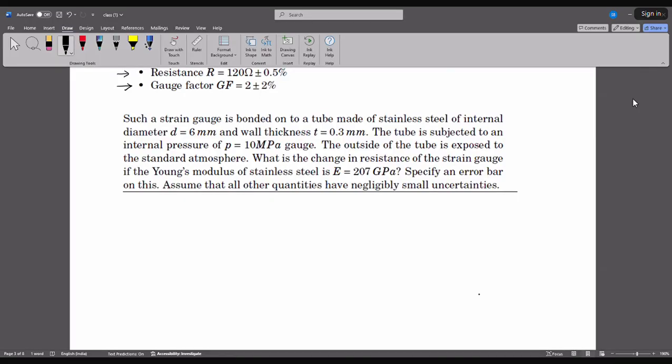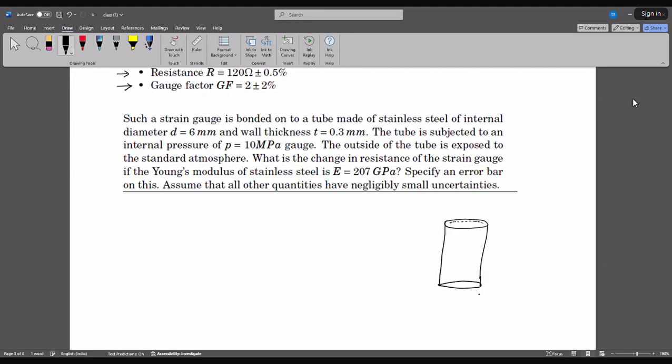So typically you have a tube, and the tube has some internal diameter.